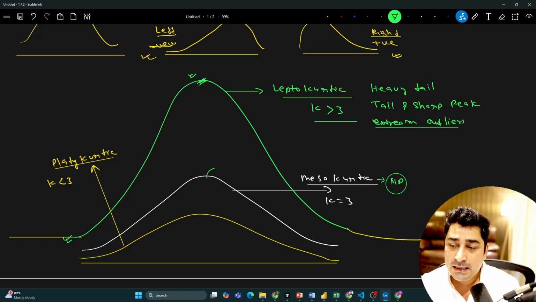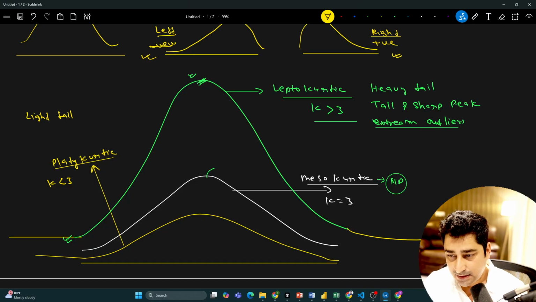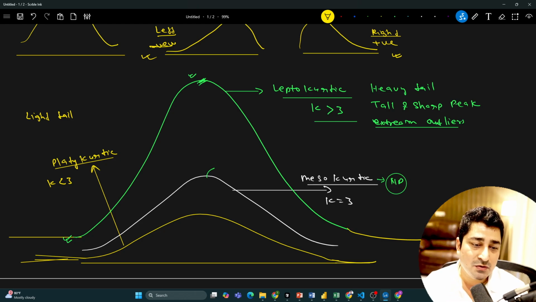And here, the yellow one, which I'm labeling as platy, will have a light tail, not a heavy one. It will touch the surface very soon, you will be able to find out.